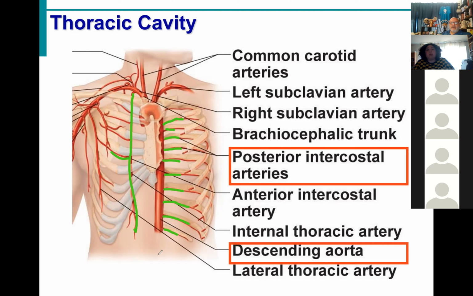Excellent. The medial or median sacral is a blood vessel that primarily feeds the sacrum and the coccyx. So there are three main branches that come off of that. Excellent. So now we know the ending point. We also know the starting point. The starting point for our abdominal aorta is indeed going to be the diaphragm.